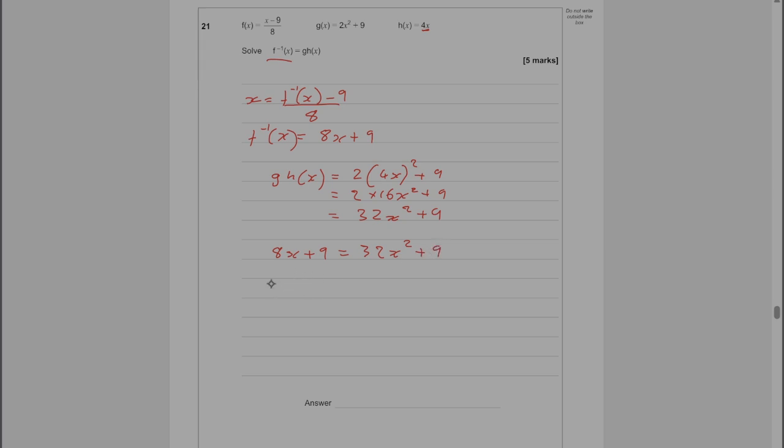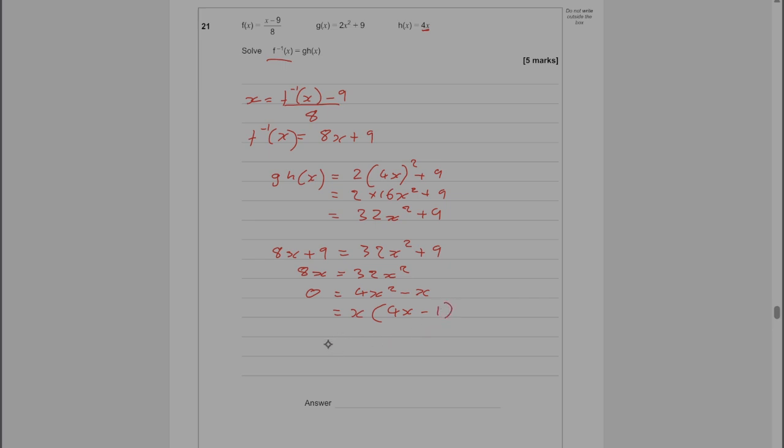So 8x is going to be equal to 32x squared. So technically speaking, if we divide through by 8, I'm going to say 0 is equal to 4x squared minus x, which is going to be equal to x times by 4x minus 1.